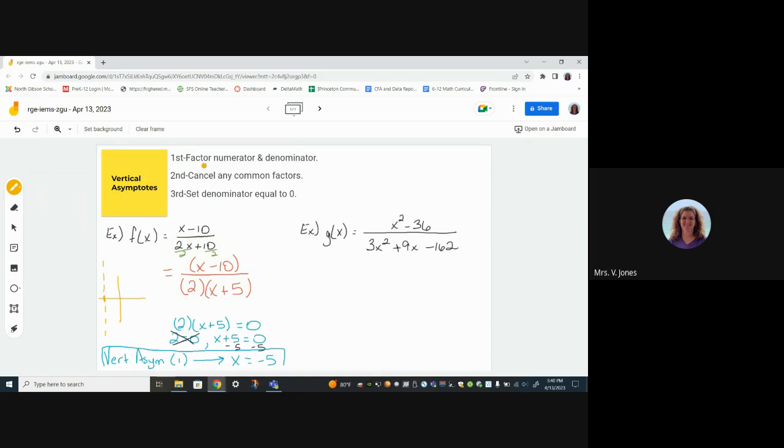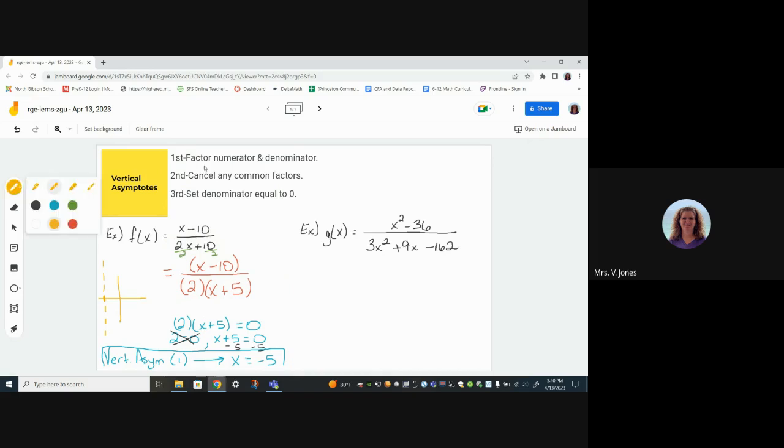An asymptote means that our graph will get close to that dashed line, but will never actually touch it, because we know that we cannot plug a -5 in for x. So maybe our graph will do something like this. It will get closer and closer to x equals -5, but it will never actually hit it. So that's what we just found.